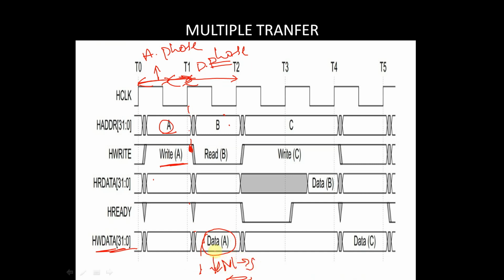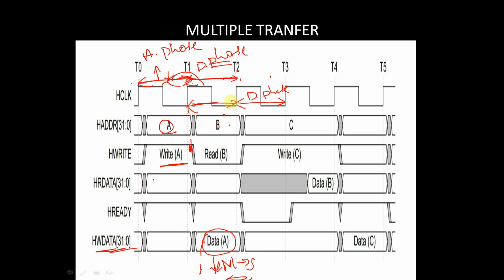For T1 to T2, the address phase for the first transfer has already been performed in the previous clock cycle T0 to T1, and from T1 to T2 this is the address phase for the next transfer, that is B. Again this address phase will happen for the next transfer. This is the address phase and this is the data phase.